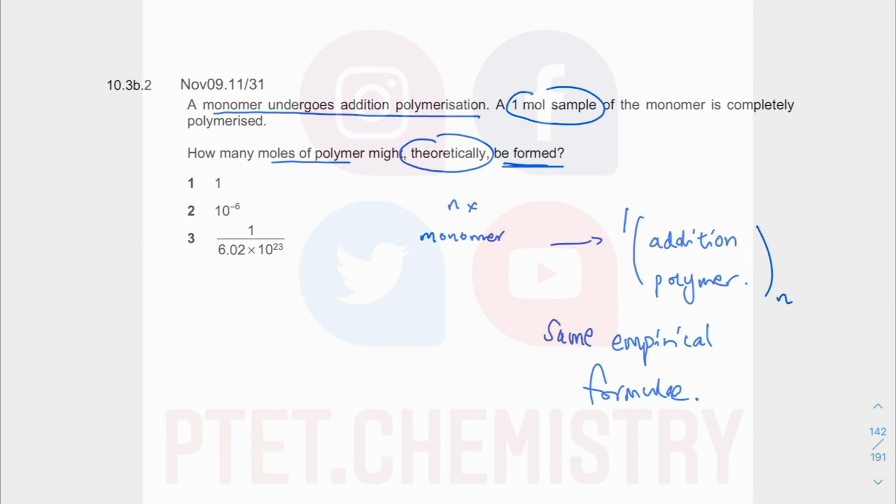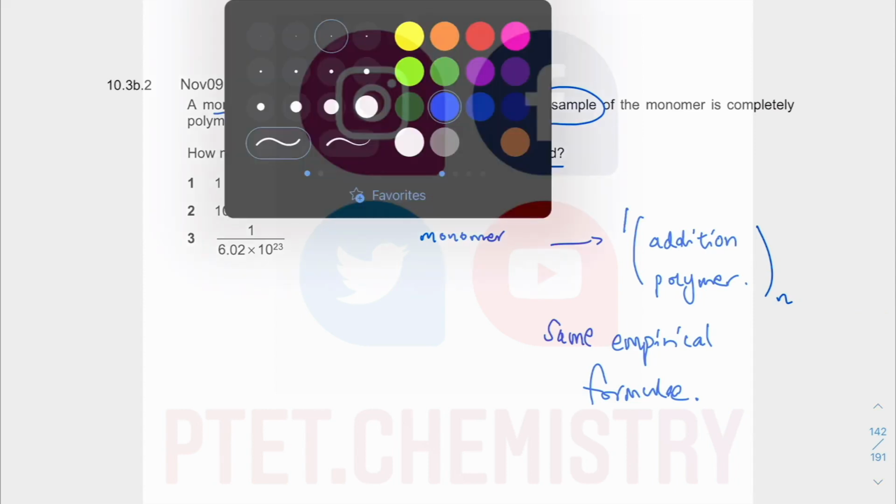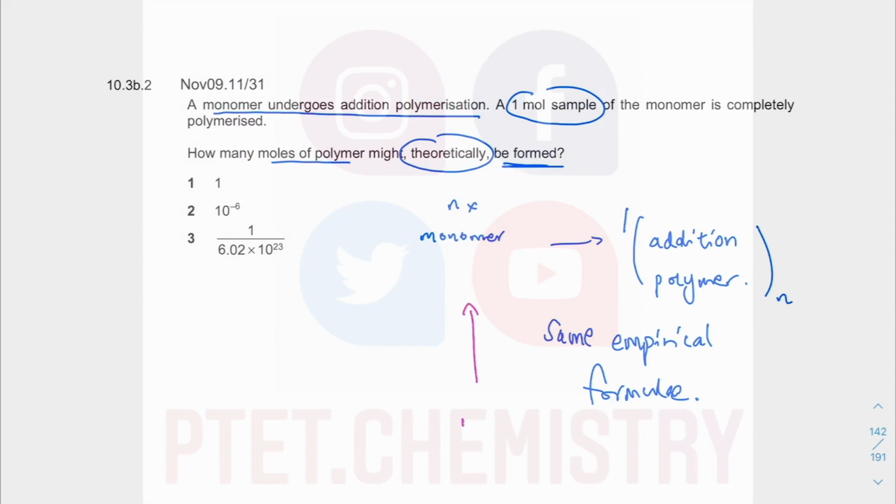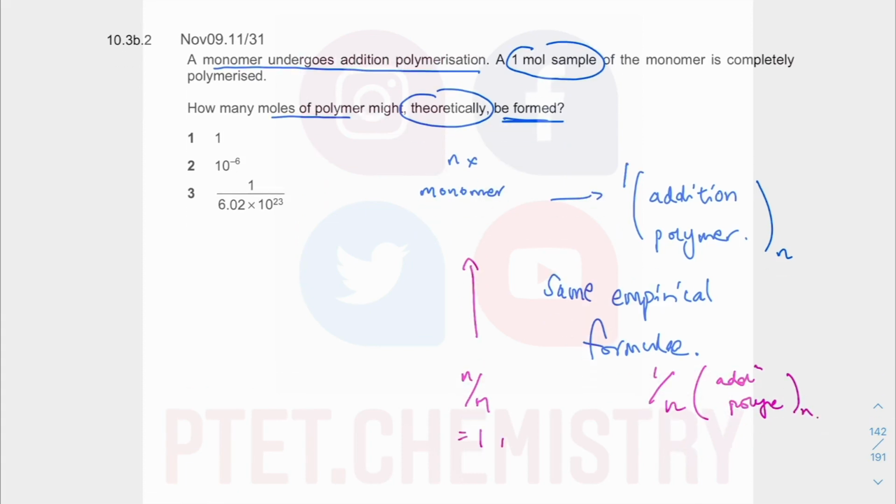Repeated chain essentially. So if I make this into 1, that is n over n, then I'll get 1 over n addition polymer, I guess. Okay, so now we started with 1 mole, which means n is going to be greater than 1 because we started with more than 1 monomer to give you that.